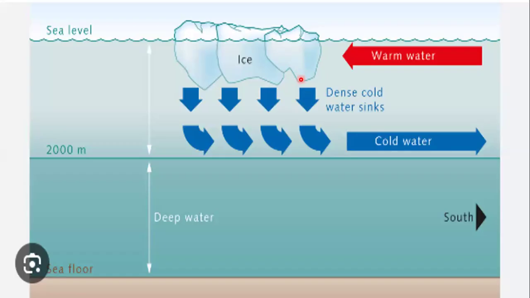Thus, ocean currents are generated from areas of low salinity towards the areas of greater salinity. Cold water is dense. Dense water tends to sink down, and fresh water takes its place. Thus, it causes the circulation.